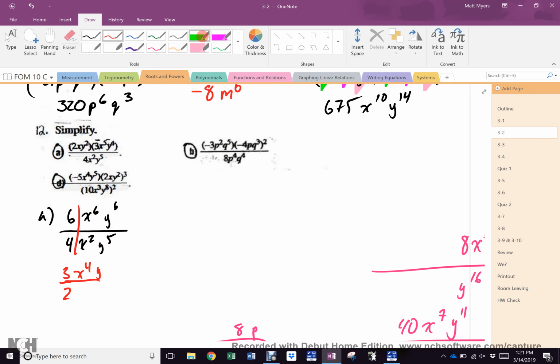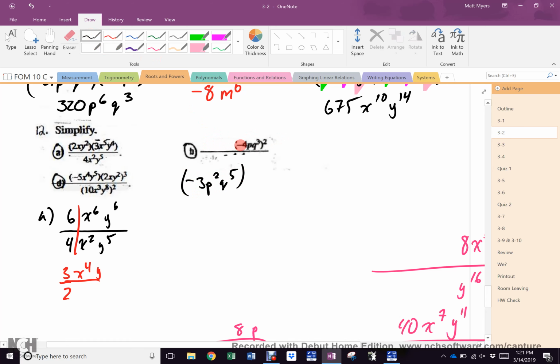B. Again, I do not care about the bottom right now. Is there anything happening here? No, it is negative 3p squared q to the 5th. But there is something happening here.